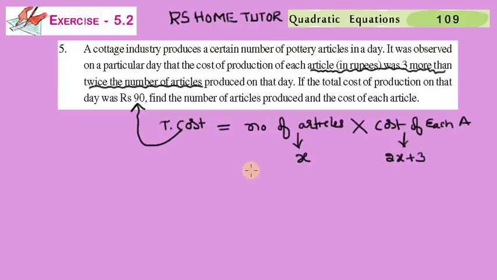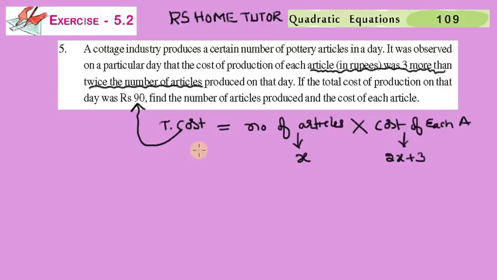So each and every point you understood that. You can write: let the number of articles be X. The cost of each article is 2x plus 3 according to the data given, and the total cost on the day is 90. So just substitute the values.